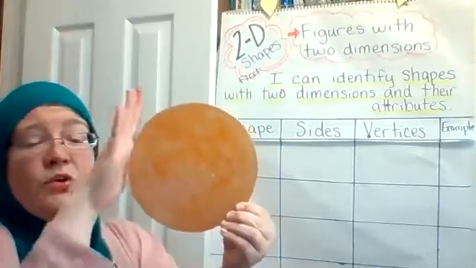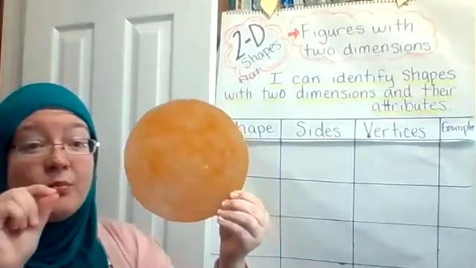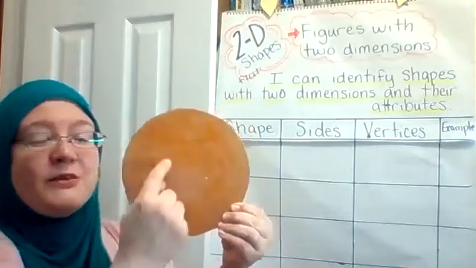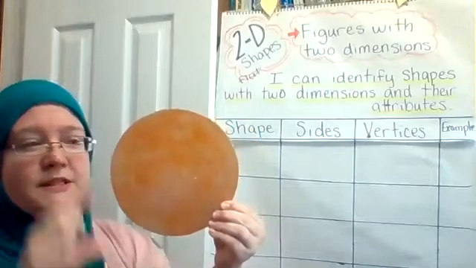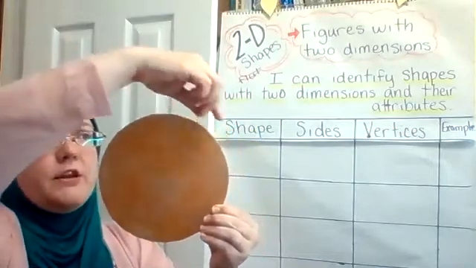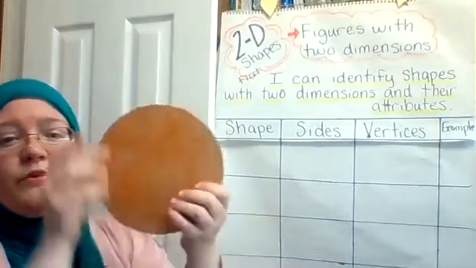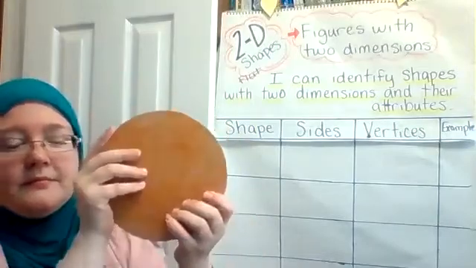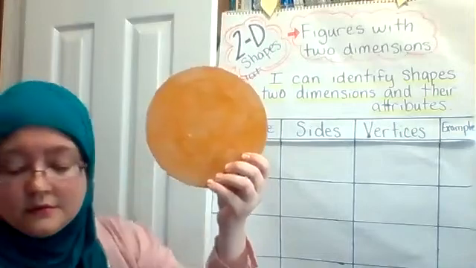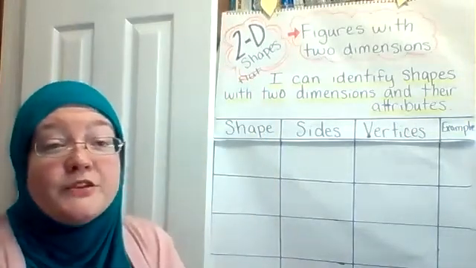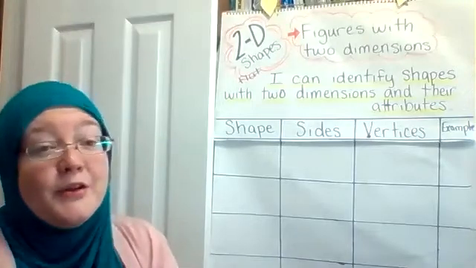And if it has no sides, can it have a point where 2 sides meet up? No. So it also has 0 vertices. There's no points on here. It has a smooth body. Circle.